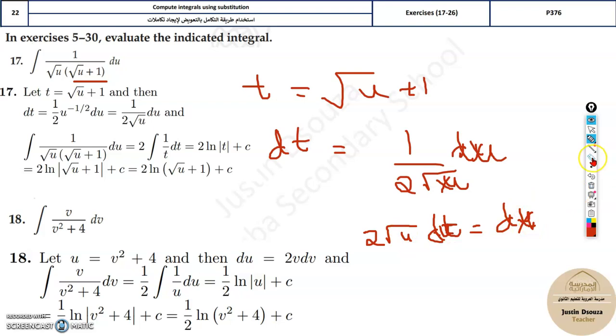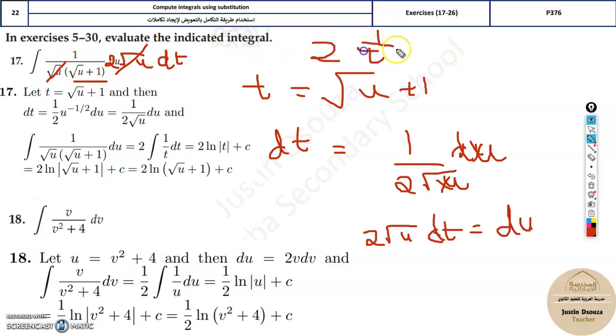The variable is just changed. So instead of du, substitute 2 root u dt, and this root u and root u cancel. You're left with the constant 2, and 1 by t dt.